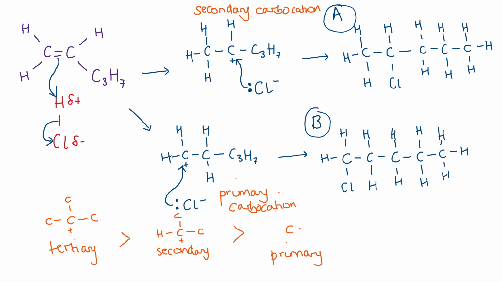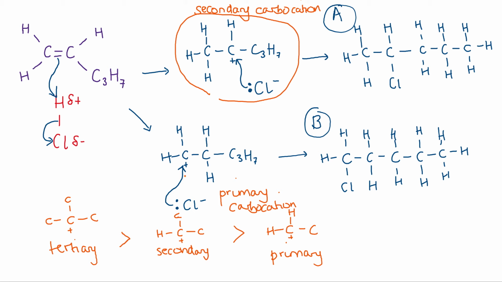A primary carbocation is where the carbon is only bonded to one carbon and two hydrogens. So in terms of stability, primary is the least stable and tertiary is the most stable. Out of these two, we have a primary and a secondary carbocation.